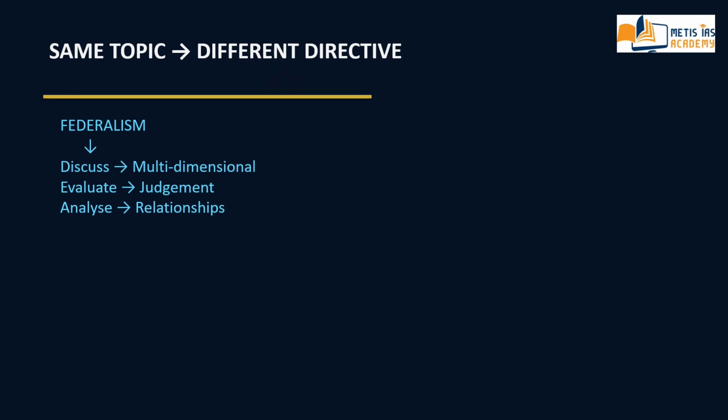So you might observe he scores higher. The question did not change. The directive changed the written answer of student A compared to student B. That is the hidden language of UPSC.